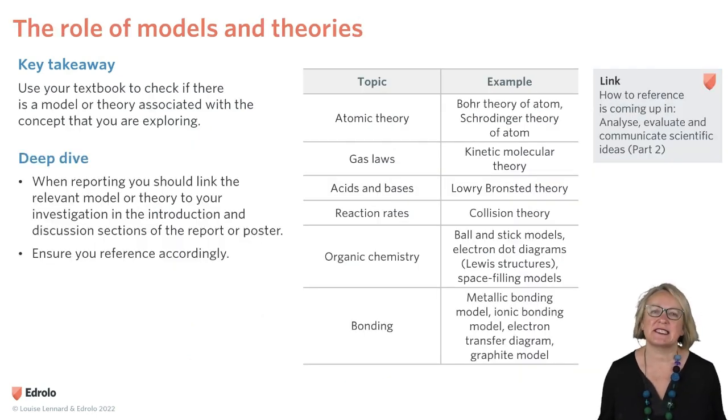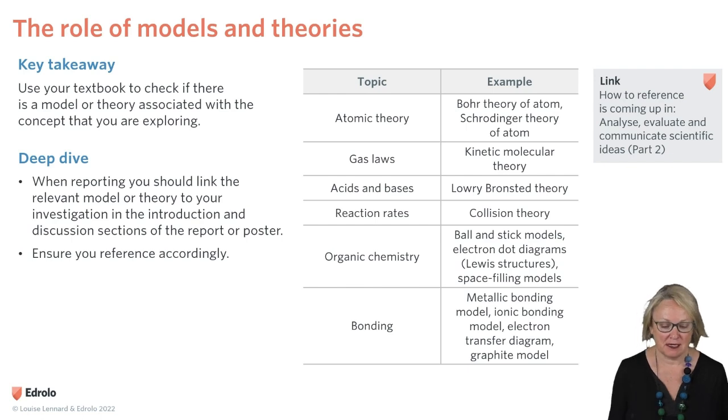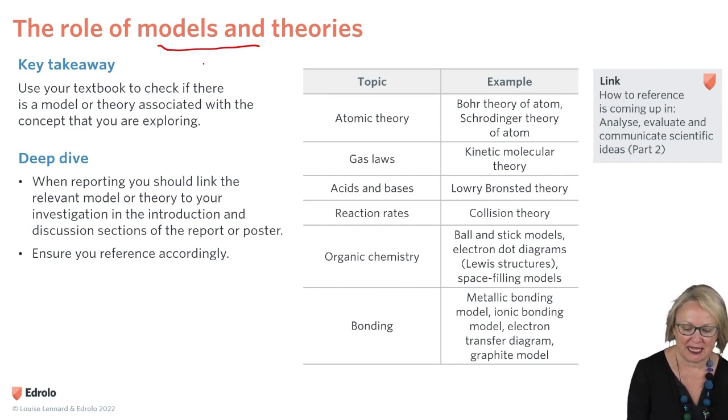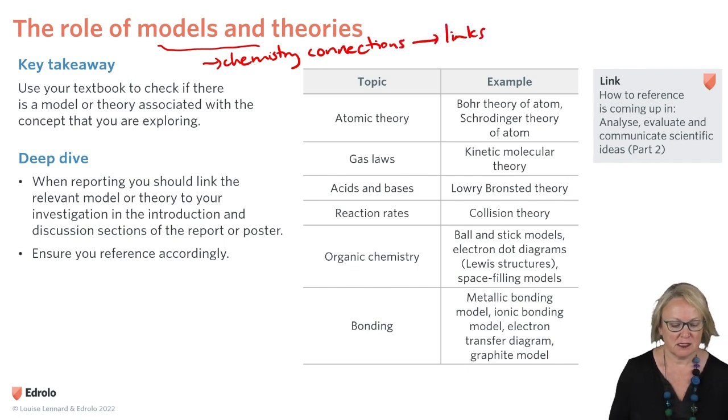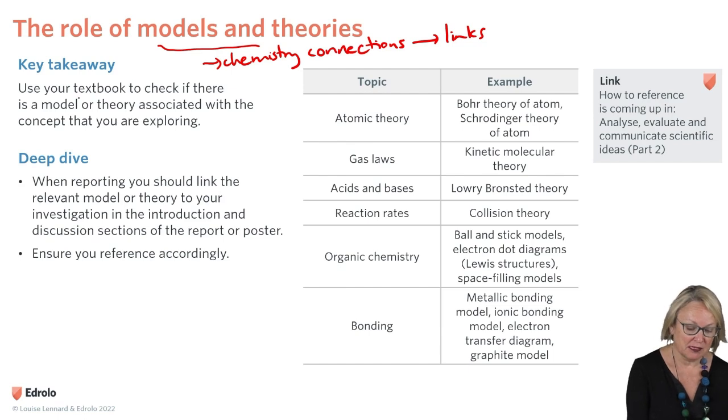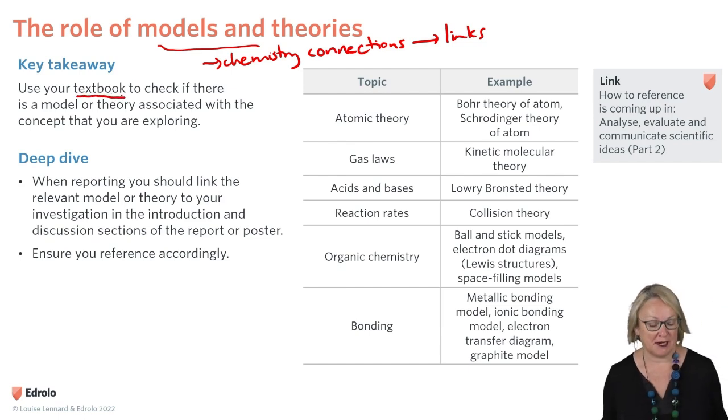Okay, next we're going to consider the role of models and theories, which is the chemistry connection. And think back to the links. You can use your textbook to check if there's a model or theory associated with the concept that you're exploring.